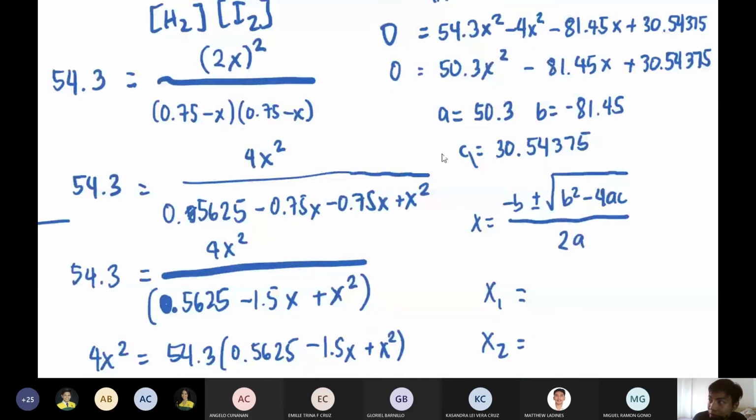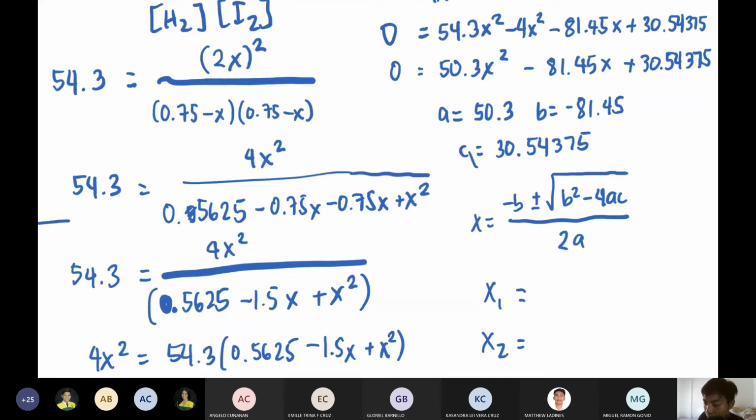Okay? So, let's solve for the values of x. No? Gagawin ko yung calculator shortcut. Kapag di pa alam, panoorin na lang yung video na nilink ko sa chat box natin. Okay, so type ko lang sa calcu. 53, negative 81, 45. Okay, tapos na.